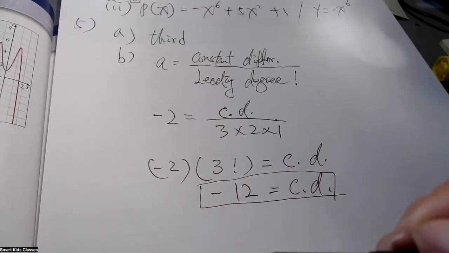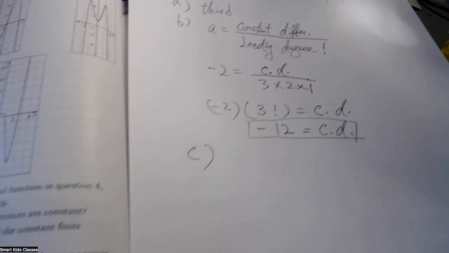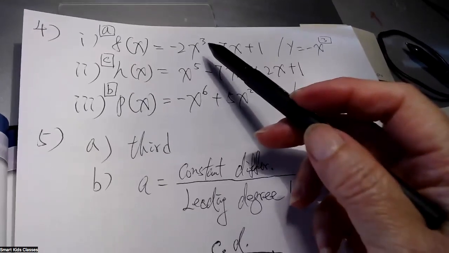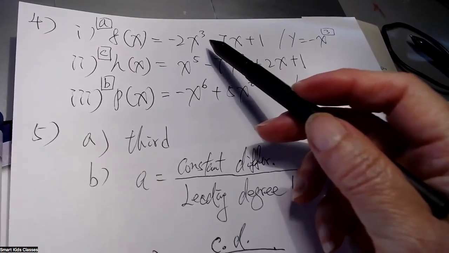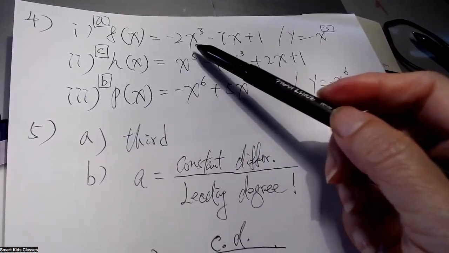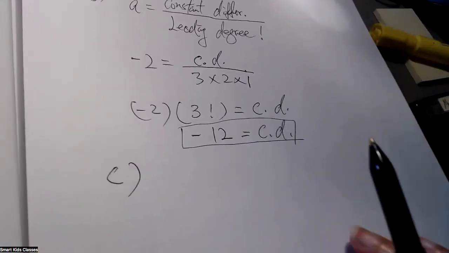Now we are going to do C. What is question C asking? Identify any symmetry and verify your answer algebraically. So we're going to identify for exponent 3, the point symmetry.